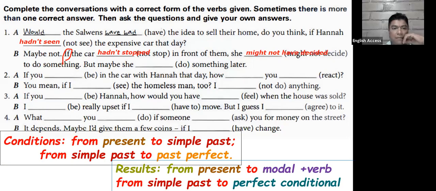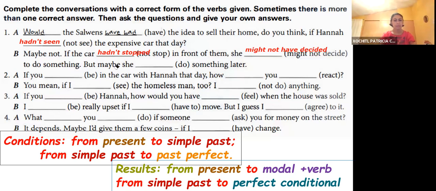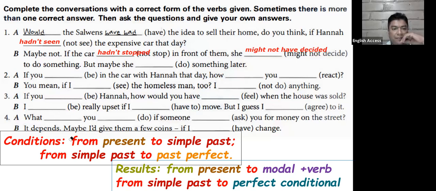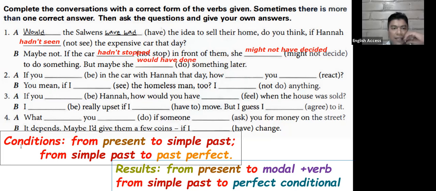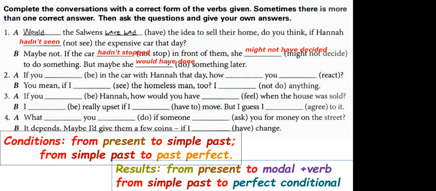But maybe she would have done something later. Would have done or could have done, because it's a maybe.